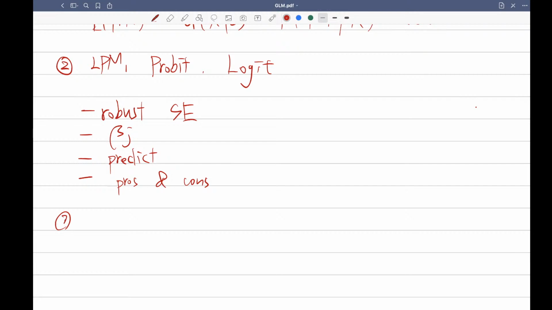And third, you should know the measures of fit. Okay, so that's all for this chapter. I think I have done a very complete introduction to the GLM, the generalized linear model.